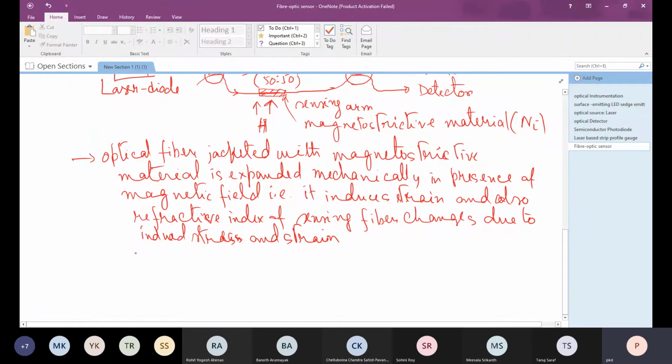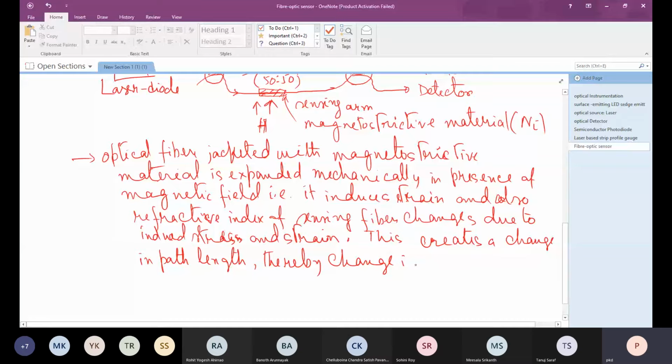So that creates a change in path length, thereby change in phase.